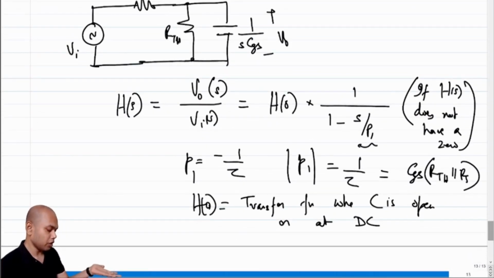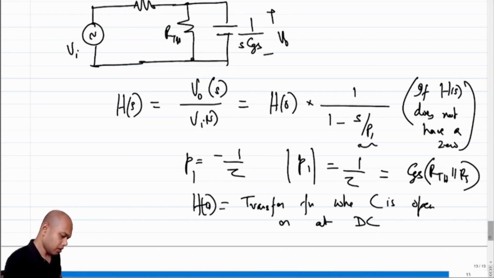This is simply a voltage divider, so we can write H(0) as RTH by RTH plus RS. And we can find the pole by inspection. So if we know the DC transfer function and the pole, and we assume that there is no zero, then we will be able to write out the transfer function by inspection only. Okay, fine, great.